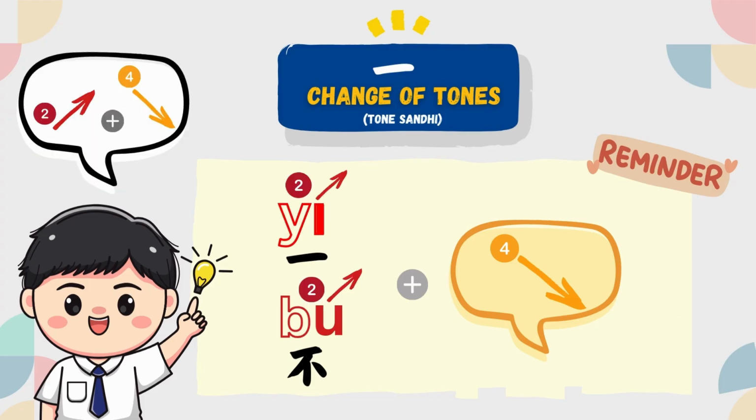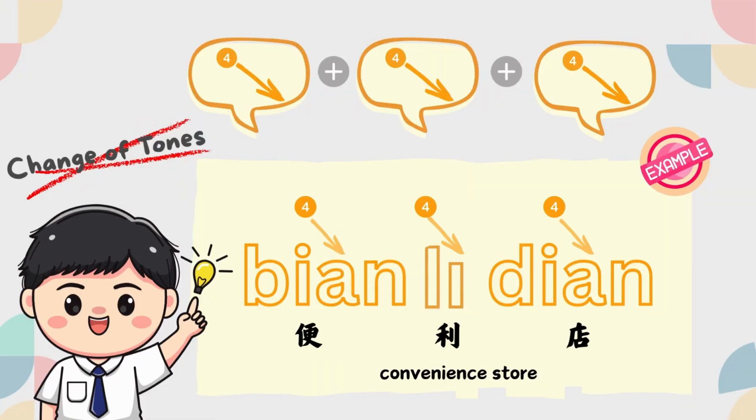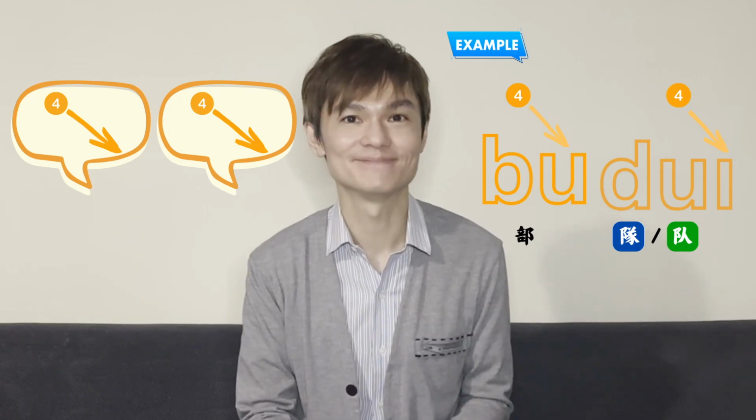Also, remember, we only need to change the tone for 一 and 不 when they are paired with other fourth tone characters. For other words where characters are pronounced with the fourth tones in a row, such as 部队 and 便利店, just pronounce each character with the fourth tone as they are meant to be.